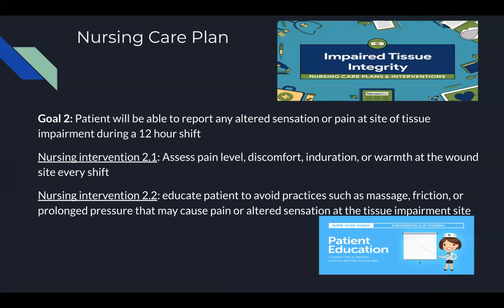And our next nursing intervention will be to educate the patient to avoid practices such as massage, friction, or prolonged pressure that may cause pain or alter sensation at the impairment site. Meaning for our patients that are immobilized, or like our older patients, we need to make sure that we turn them frequently and also avoid friction as much as possible.